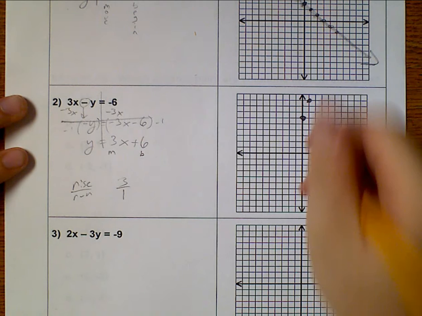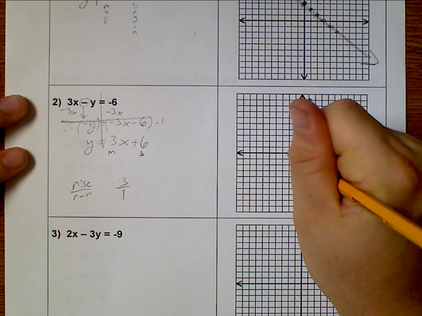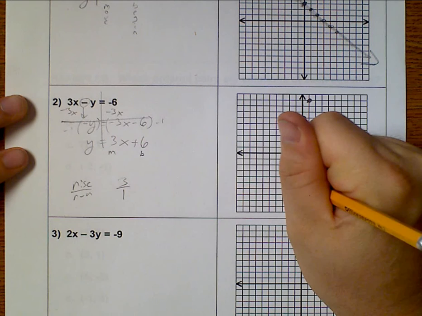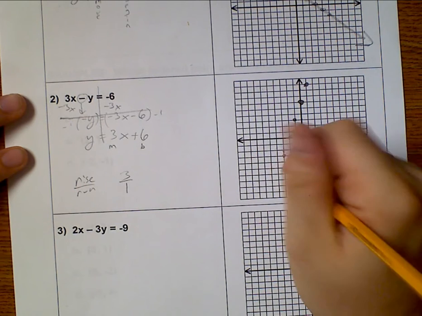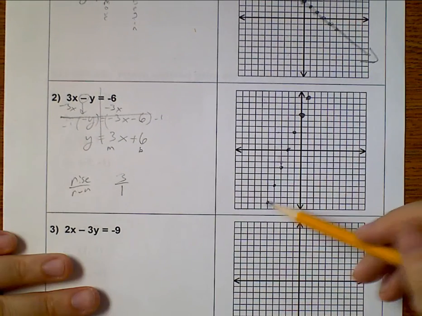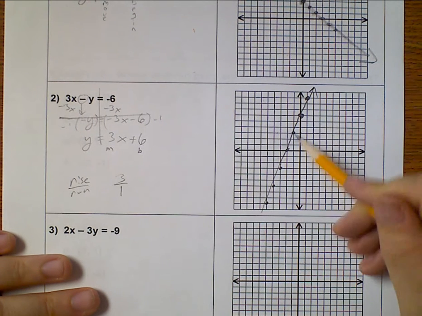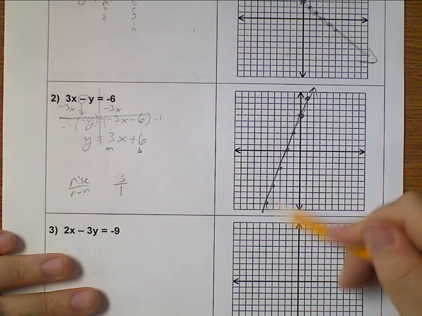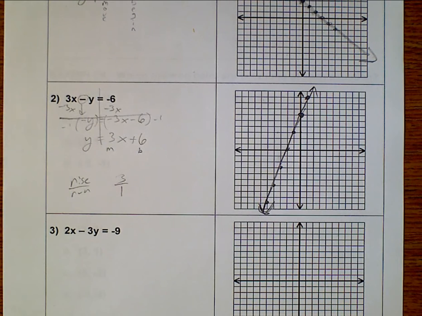I'm going to fall 3 and run backwards 1. And now I'm going to draw my line. And there I go. Again, make sure that your dots are very clearly marked.